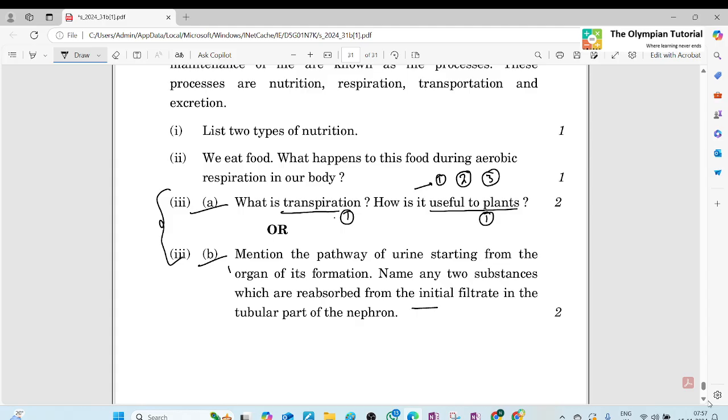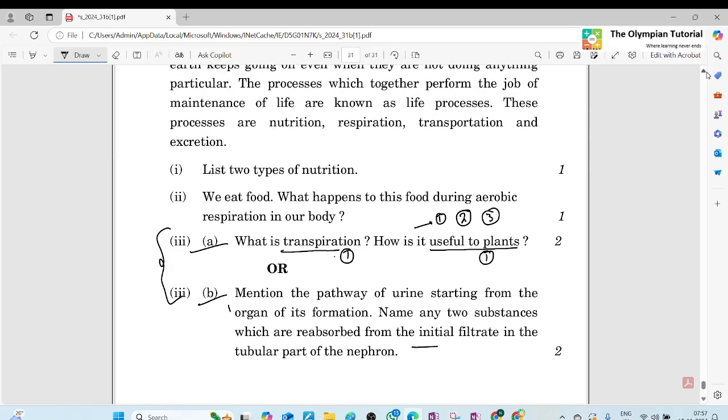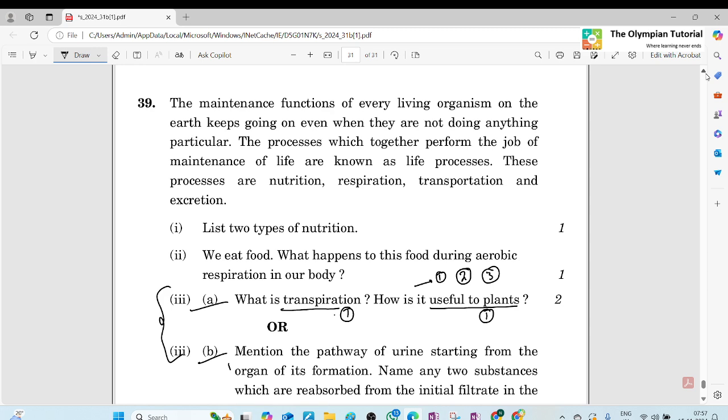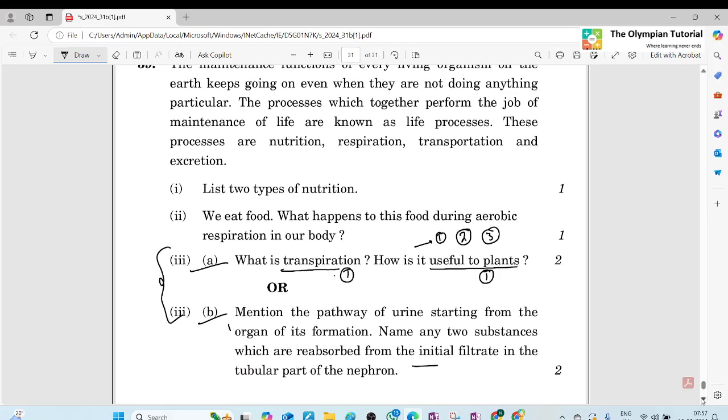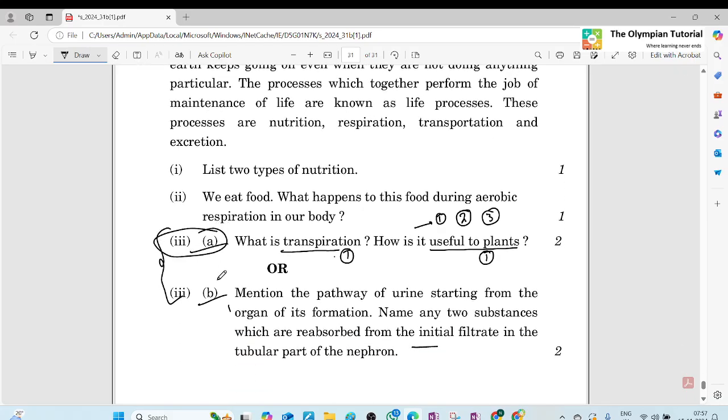Okay. So these two questions we have done. Marking scheme I also told you, you have to write in proper way during the examination. Now question number 39. But for third part they have given option.